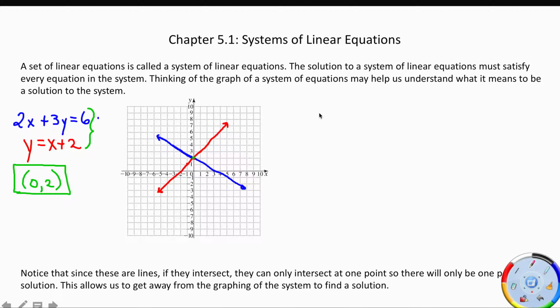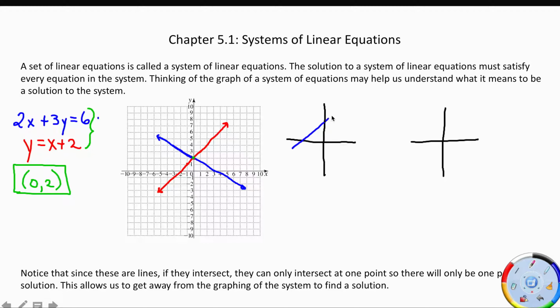Thinking about graphs also helps us understand everything that can happen with a solution to a system. One thing that can happen is the two lines intersect, right? They intersect somewhere, and that one point where they intersect is the solution.